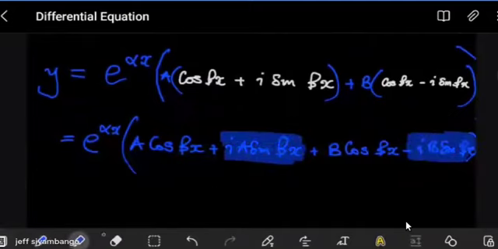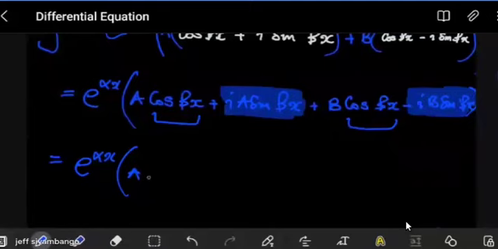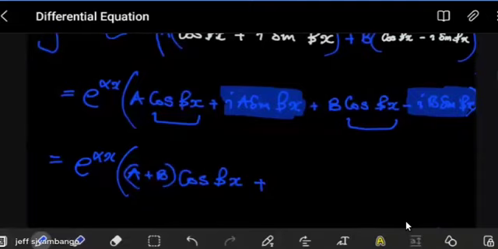So when you look at this, this is now e to the alpha x, and then the real parts, you have a, and then notice that the real parts are going to have a common cos beta x. Even here, cos beta x. So it's just going to be a plus b, and then cos beta x. Then you have plus, how about the imaginary parts?